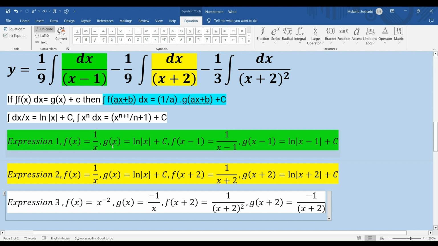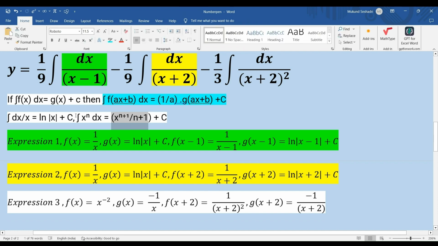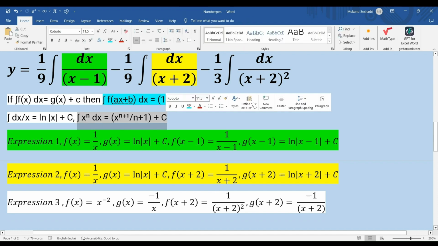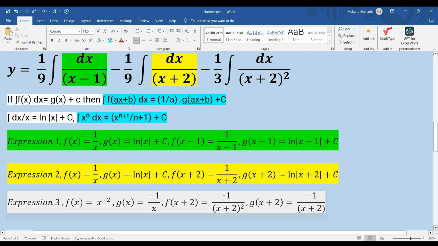So when my f of x equal to x to the power minus 2, which is nothing but 1 by x square, my g of x, I apply the integral formula to arrive at minus 1 by x, which is actually minus 1 into x to the power minus 1. And you apply this particular formula, x to the power n dx, and you will arrive at that, right? Let me highlight that in turquoise as well.